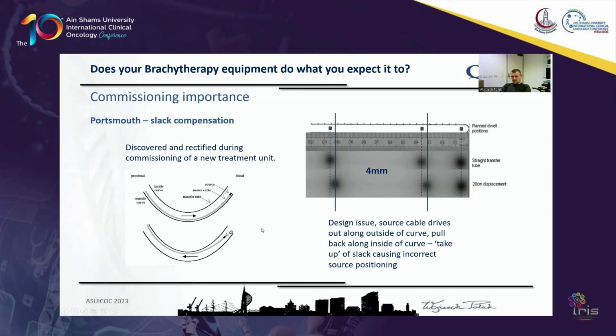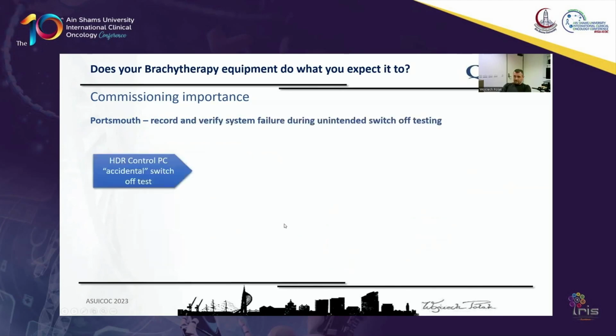And so that was actually said to the manufacturer, who did create a compensation algorithm for that. Another error that we discovered was the record and verify system failure during the unintended switch-off test.